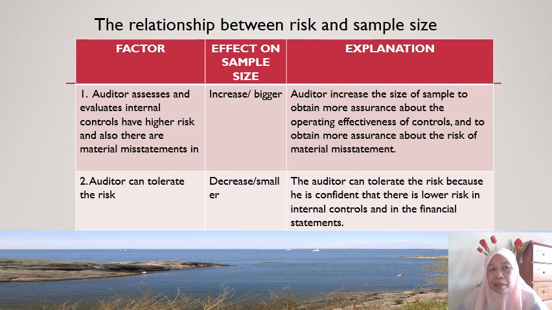The reason is because he has confidence now that there might be lower material misstatement in the financial statements, or there is no material misstatement. Also, he is confident that the internal controls of the system are functioning effectively.